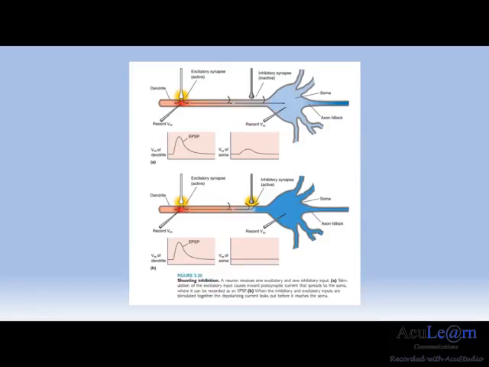In the following diagram, the effect of IPSP in reducing the size of EPSP is seen. Initially, the neuron receives the excitatory synapse, depolarization occurs and spreads across the dendrite towards the soma.